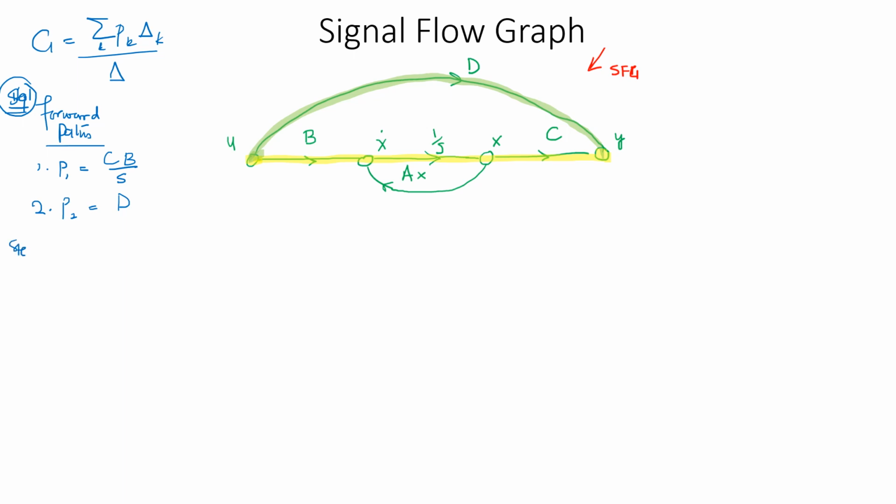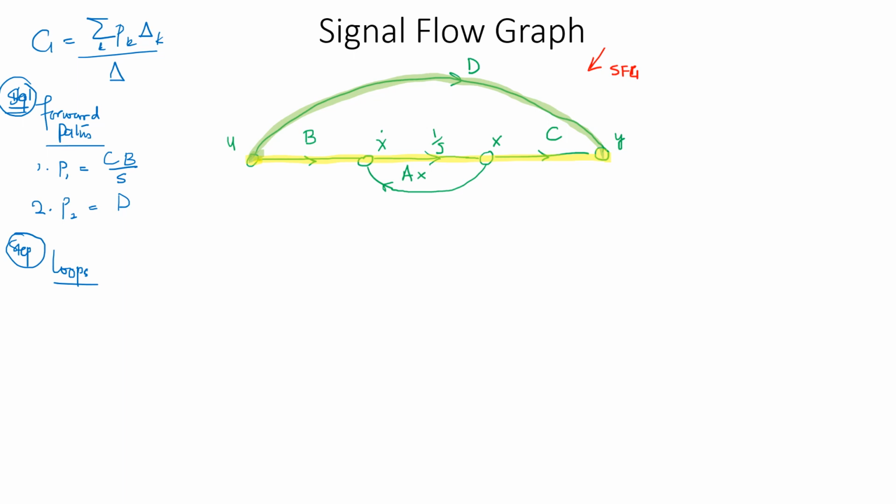Step number two would be to find the loops and loop gains. Let me try to highlight with a different color now. The definition of a loop is quite obvious.